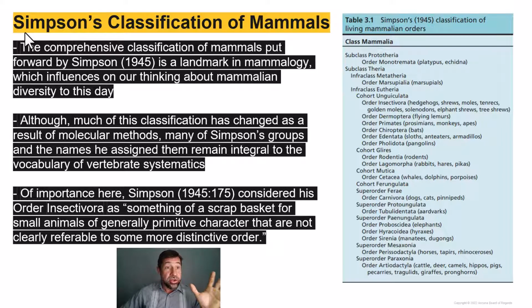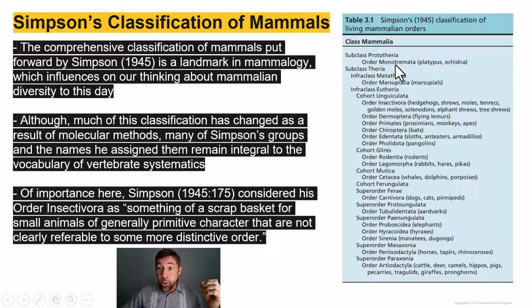In fact, George Gaylord Simpson really laid the taxonomic foundation for our modern science of mammalogy with his landmark publication entitled The Principles of Classification and a Classification of Mammals, which was published in 1945.